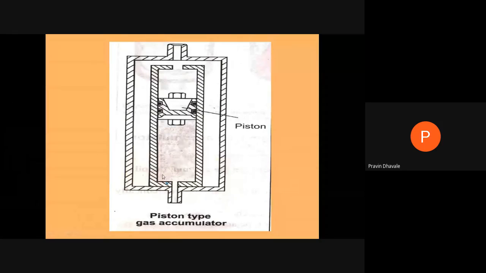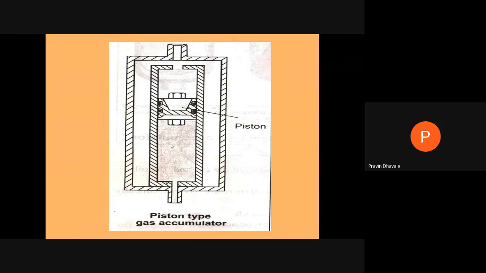It will fill this space, and the level of the fluid goes on increasing. But at the same time, on the other side of the piston, whatever gas we are supplying will be exerting pressure on the downward side, on this piston top surface. So when the level of the fluid in the accumulator goes on increasing, the gas goes on compressing. So pressure will be exerted on this fluid which is coming from the pump.